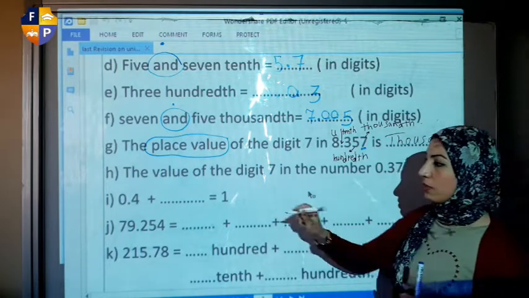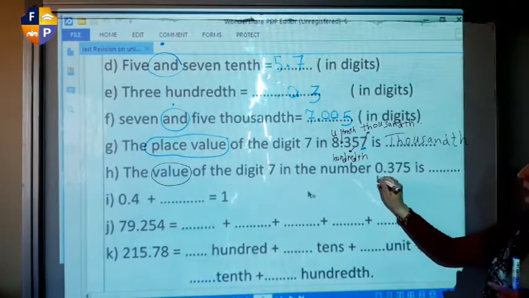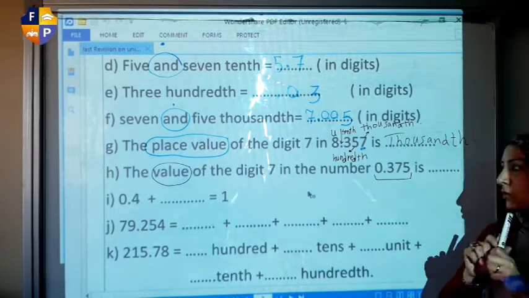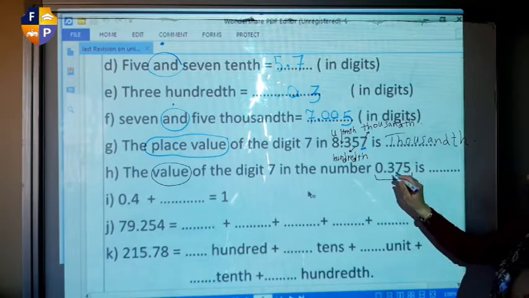Next one, the value of the digit 7 in this number. Here we want to write its value. So first we will underline 7 and write the place value for each digit.